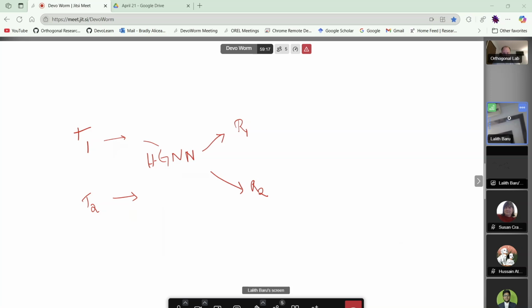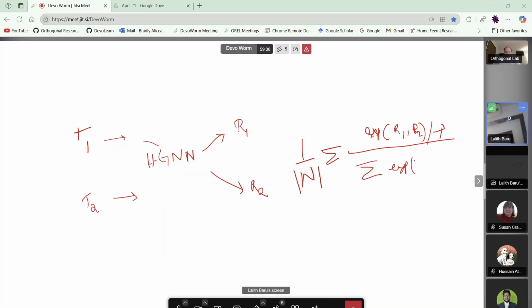So the loss function that I have explained is the exponential of representation 1 comma representation 2 divided by tau, the temperature parameter, divided by the summation, suppose we are doing it over the nodes, of exp of representation Ri comma Ri of 1, 2.